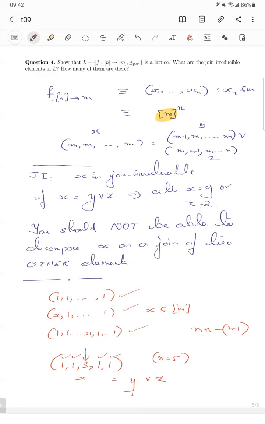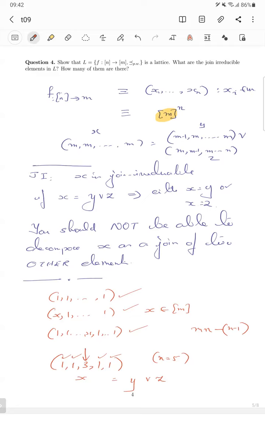There is a distinction between the two cases. For the other 4 locations, both y and z should have all 1s. For this particular location where x has a non-1, either y or z should have that same number as x. Whichever has that then finally becomes equal to x, and hence that's okay for a joint irreducible element.